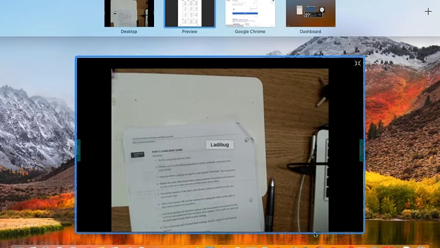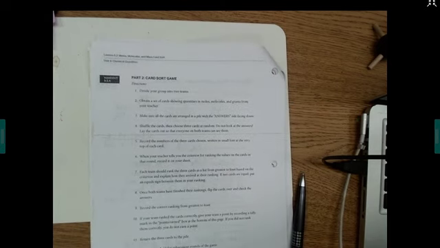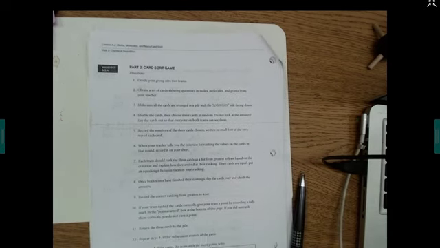So that is how you do that. I'm going to read the directions. So to end the activity, it's actually been decided that we are going to use a couple more criteria.